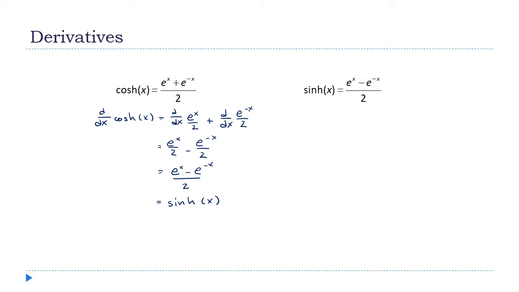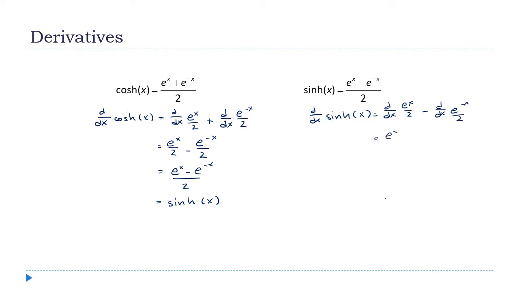Go ahead and pause if you like. Try the other one real quick. Try differentiating that hyperbolic sine. Then we can do it together. All right, I'm going to use the same approach. The derivative of the hyperbolic sine is the derivative of e to the x over 2, plus the derivative of minus e to the minus x over 2.